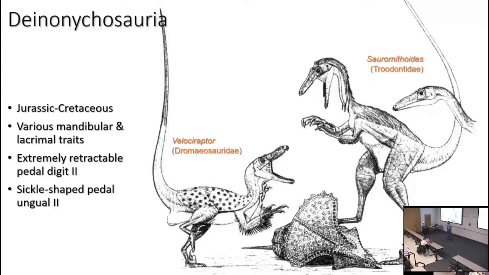As I pointed out, the relationships among Eumaniraptorans are confused, so there are alternative traits that might unite any one of these groups with avialians relative to the other two. But something that is shared in common between the two major groups of Deinonychosaurs is the sickle-shaped claw on the retractable pedal digit 2.